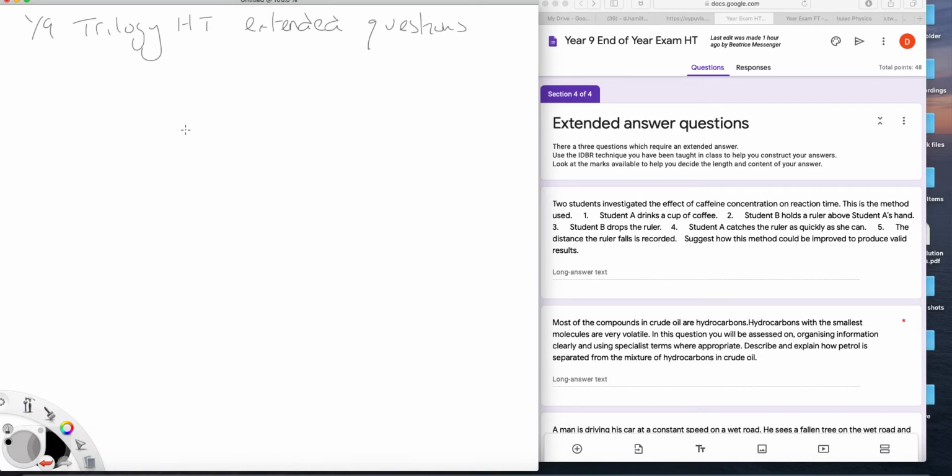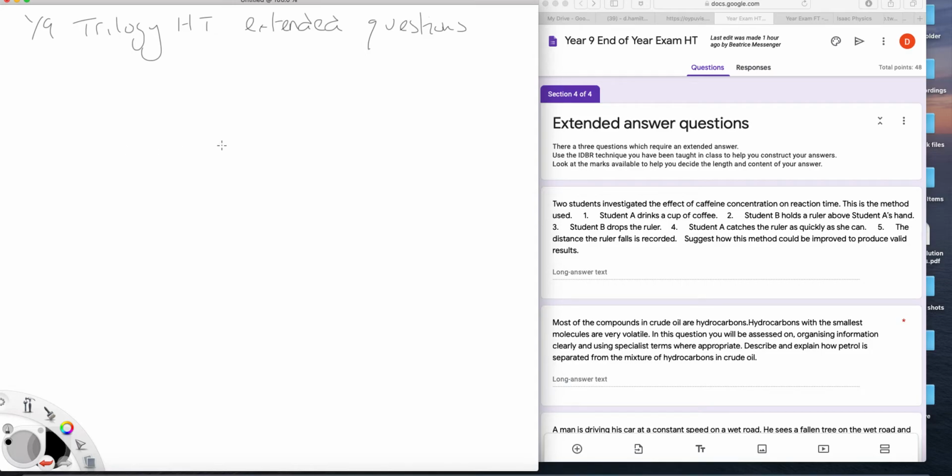When I mark these at GCSE, I'm looking to see, is there enough detail to allow me to do this experiment in a fair, reliable, reproducible way? And can I give this student 6 marks?